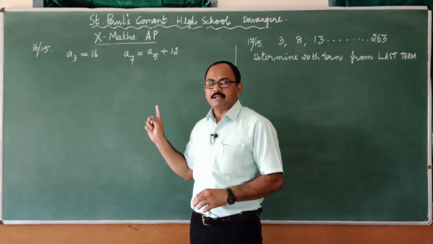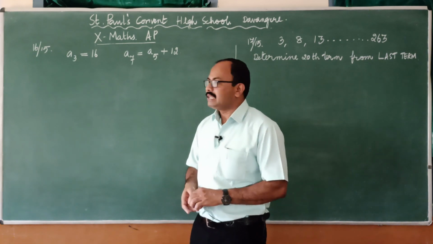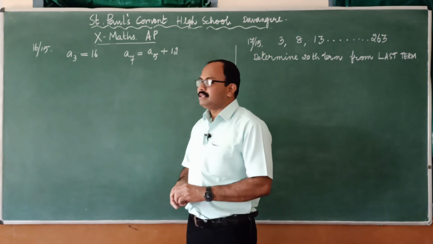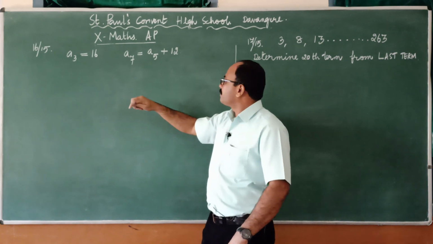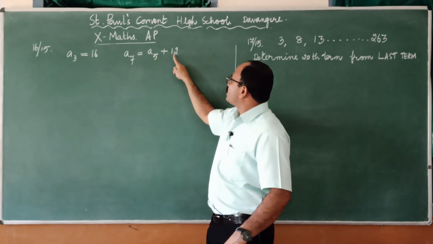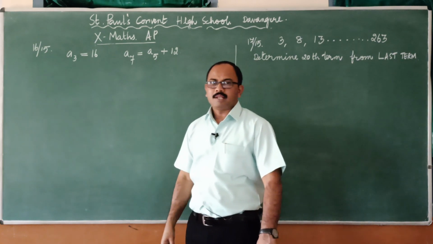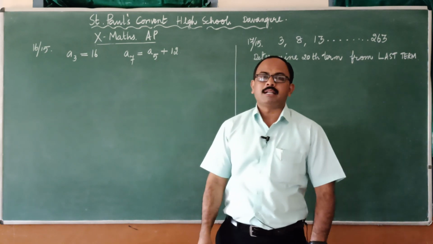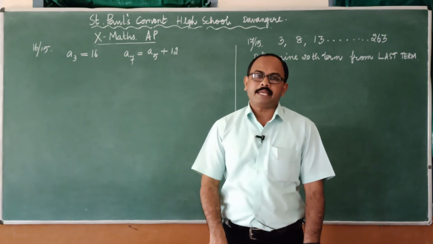So you must be careful in writing the equation part. The statement is like this. In an AP, the third term is 16 and the seventh term is 12 more than its fifth term. If so, find the first term and the common difference. Or the question will be, write the AP.